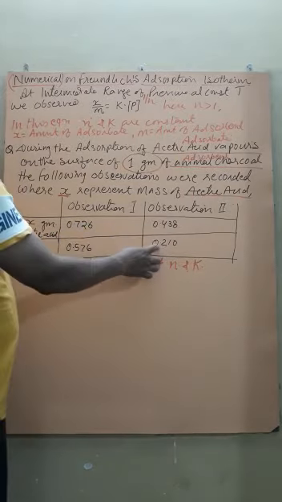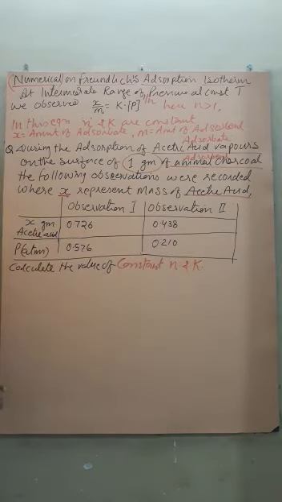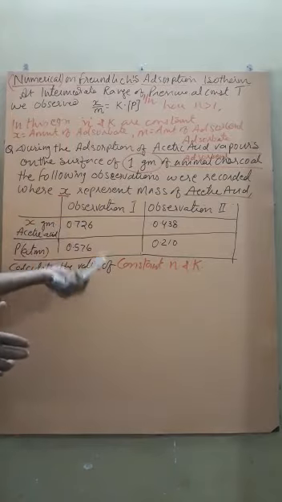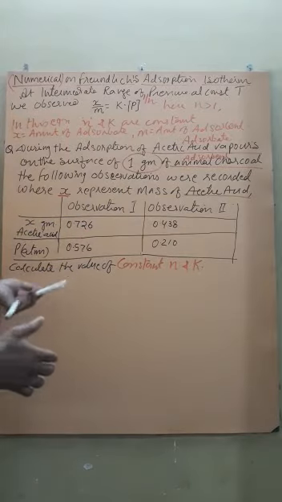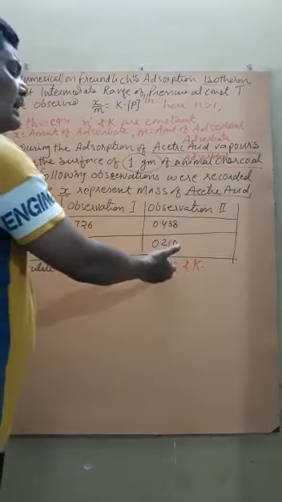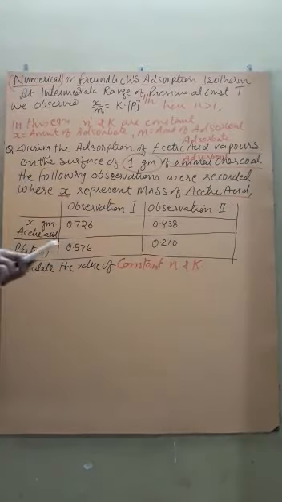Means at high pressure the amount is high, but at low pressure the amount is low. Okay, this is the observation. So we have to check this observation by getting the constants n and K. That is, we can obtain the constants n and K using this data.